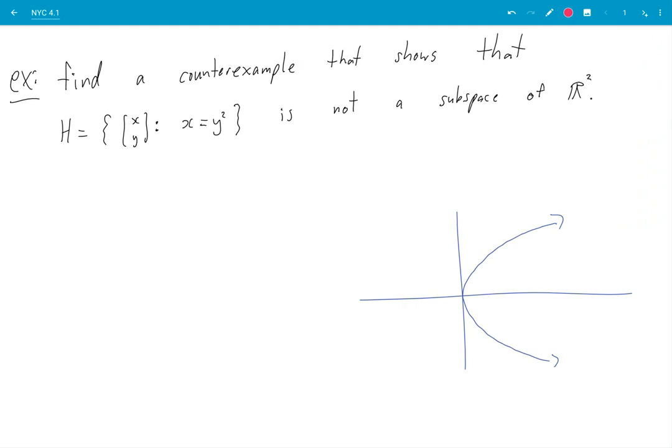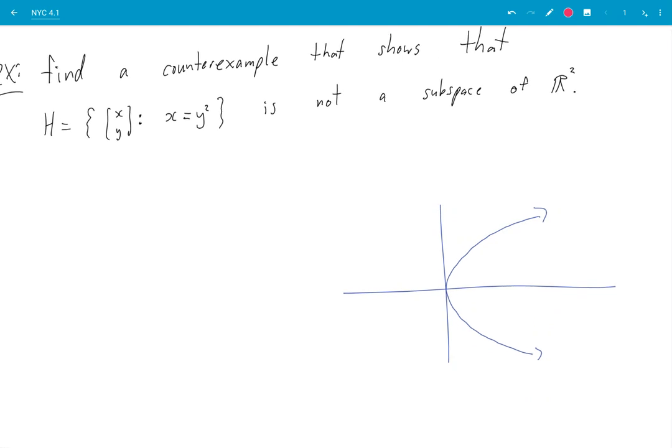Now, why is this not a subspace? Well, take your pick. You can see it. Drawing a picture is not a proof, but it can give you an idea. If I have a vector that is on or in H, and I double it, you can see I'm no longer in H. So visually I can see that if I take a U at random that passes this test, then I will have my counterexample.